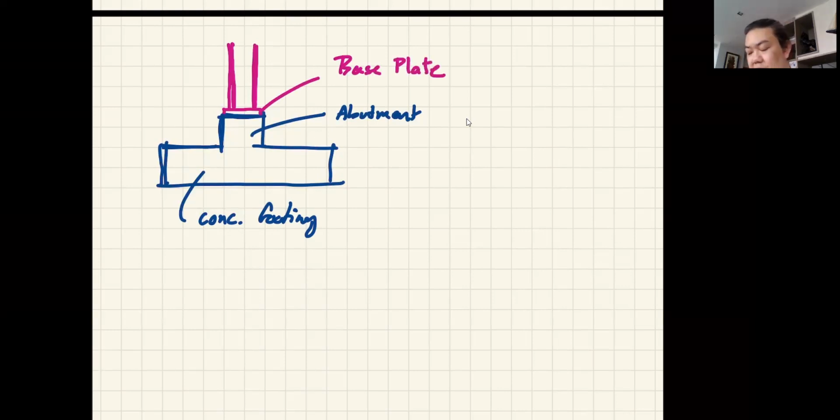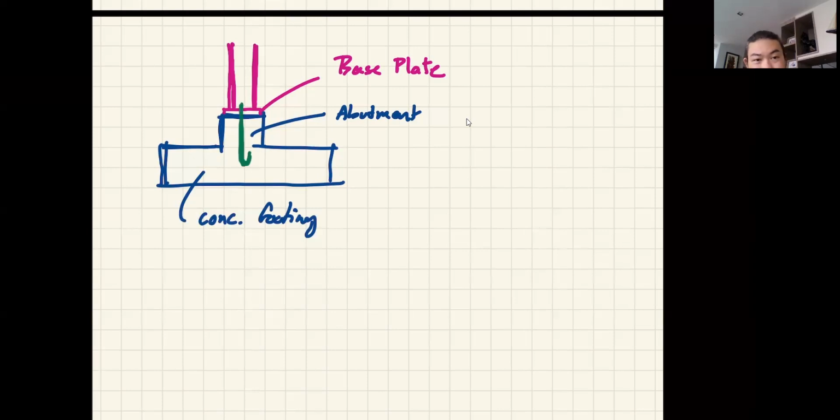Simply because most of the time you cannot have a very smooth surface, of the concrete especially, and then of the steel. So we need to have this base plate to help adjust the leveling of the columns. Most of the time, they would install some kind of anchor bolts in here. If it's like that, they call it J bolt.